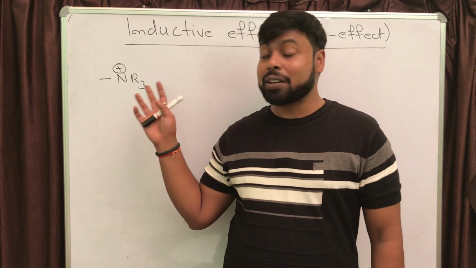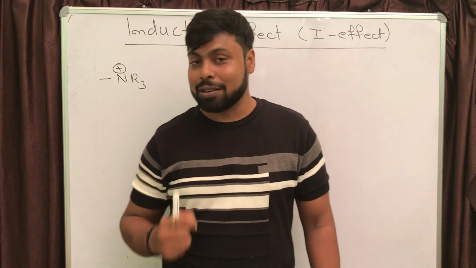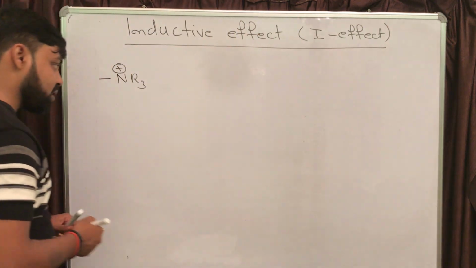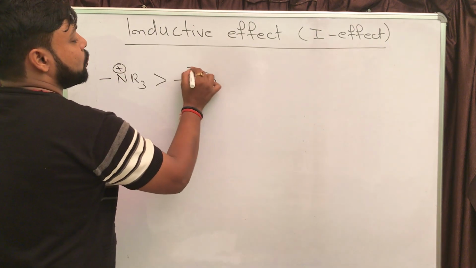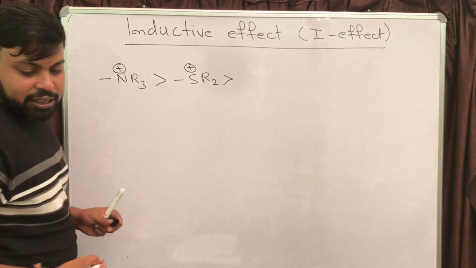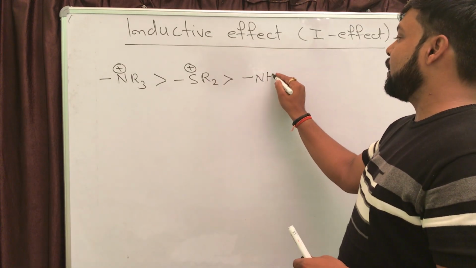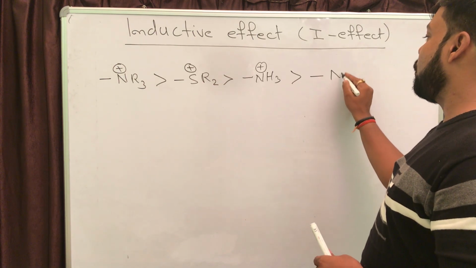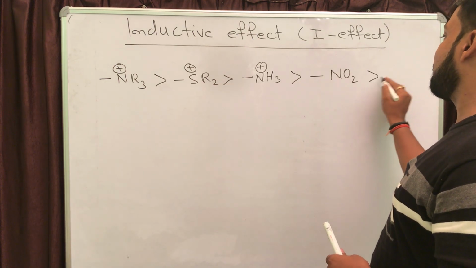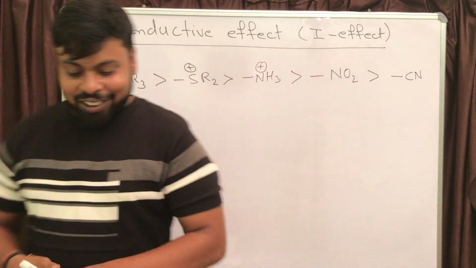So a direct question can be asked based on this series, so you must remember it, right? So first one is NR3+, next is SR2+, next is NS3+, next is NO2, next is CN, cyanide, or you may say nitrile.